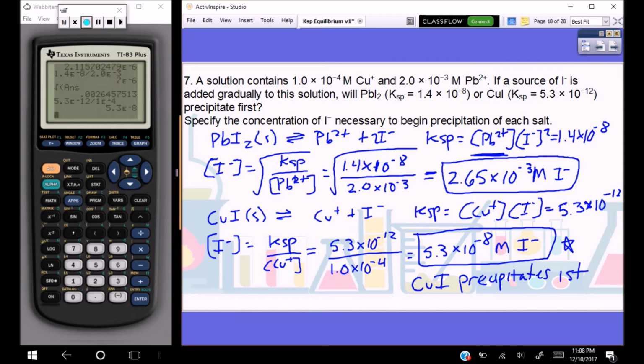If we think about equilibrium, we only need 5.3 times 10 to the negative 8 molar to start making precipitate, whereas we need way more than that, 2.65 times 10 to the negative 3rd, to start making lead iodide. So if we're using the one with the smaller concentration, it allows us to shift, especially if we're doing this stepwise. Gradually means stepwise, so we're adding a couple of drops at a time. So very, very small concentration, and CuI will precipitate almost immediately by comparison, okay?